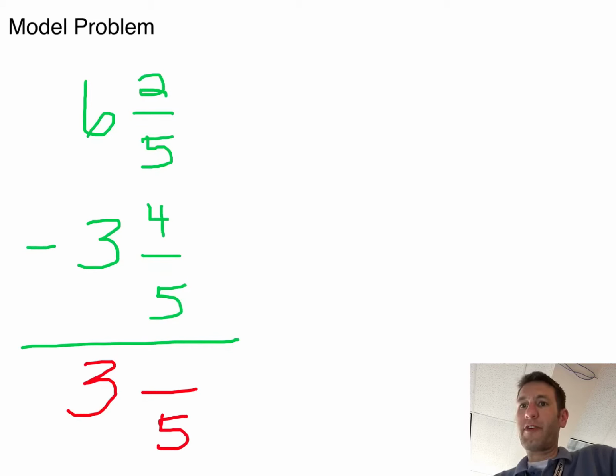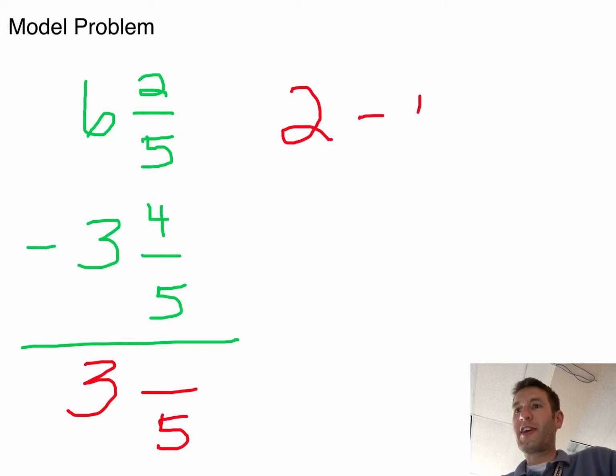But look very carefully. Normally when we would subtract the numerators, I have a 2 up here and a 4 down here. Now your regular subtraction rules, all of your background in those subtraction rules will make you remember that you cannot do 2 minus 4. So we need to implement a strategy to solve this problem correctly, and this is how you do it.